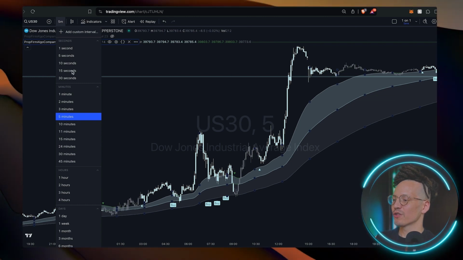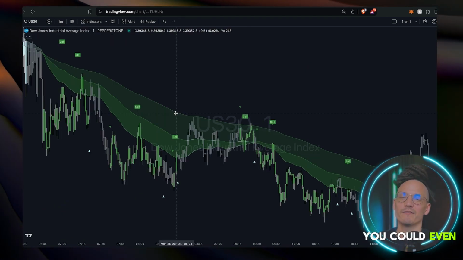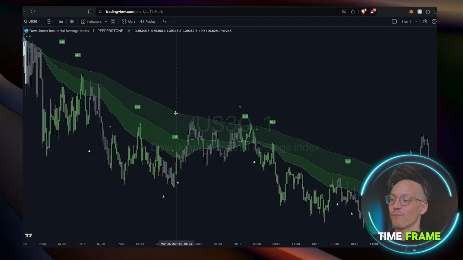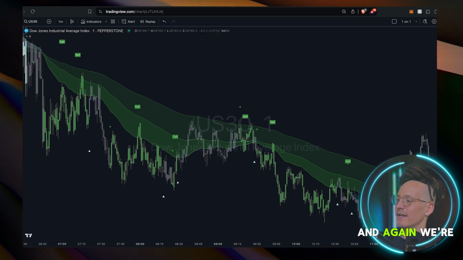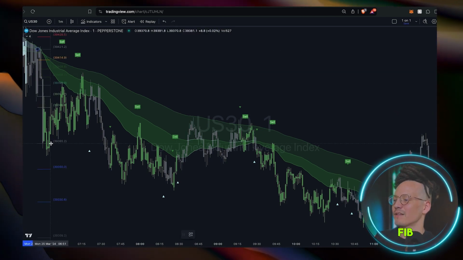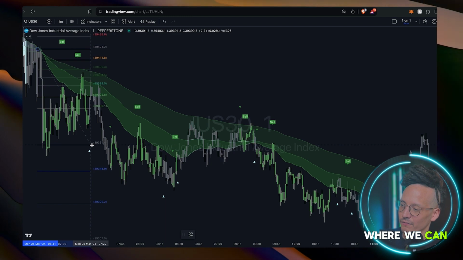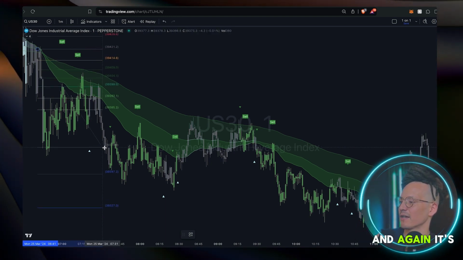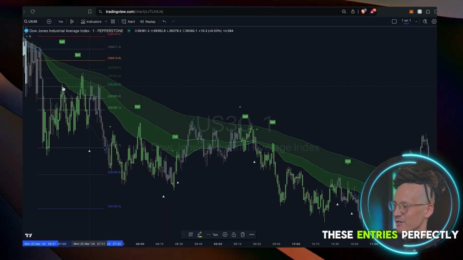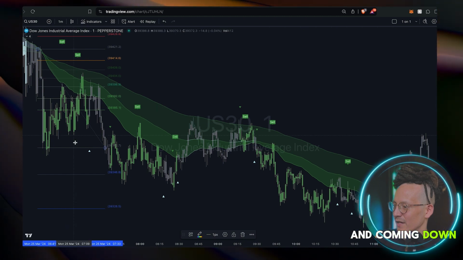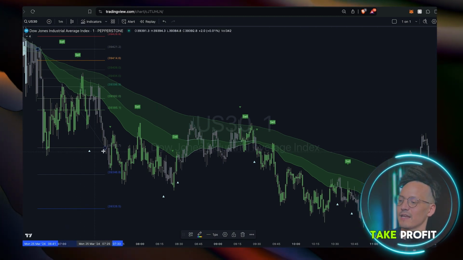And now we're just going to go to the 1-minute time frame to show you. You could even use this on the 1-minute time frame while trading US30. And again, we're going to go ahead and use this fib, take the 0 line right where we can find the rejection. And again, it's smacking these entries perfectly and coming down to the previous low for a take profit.